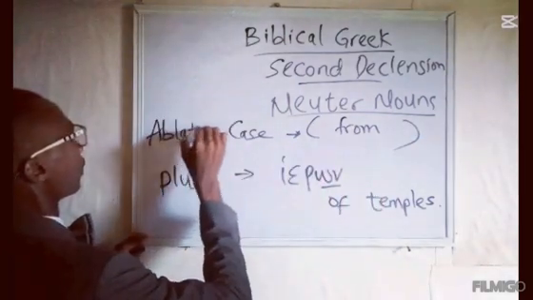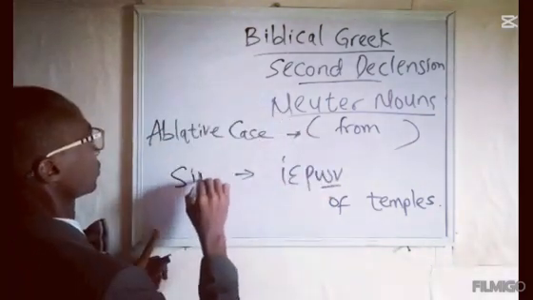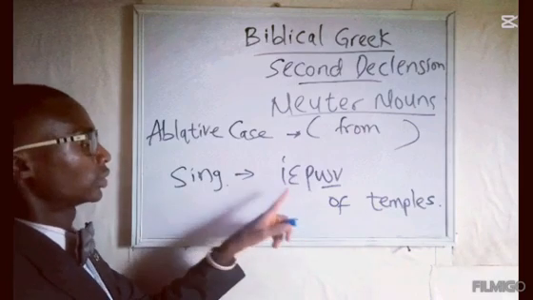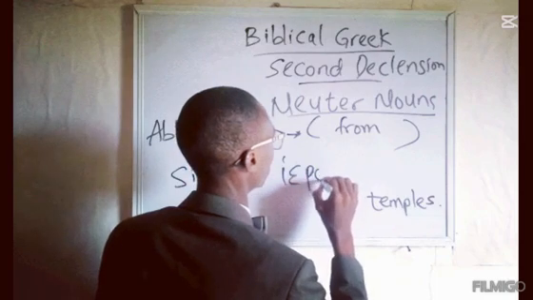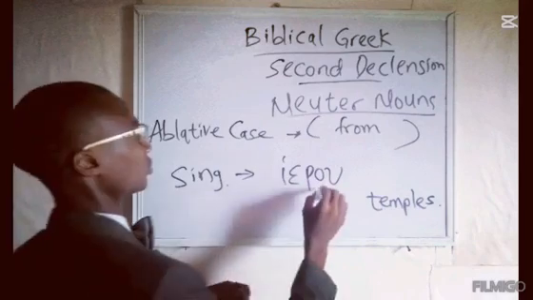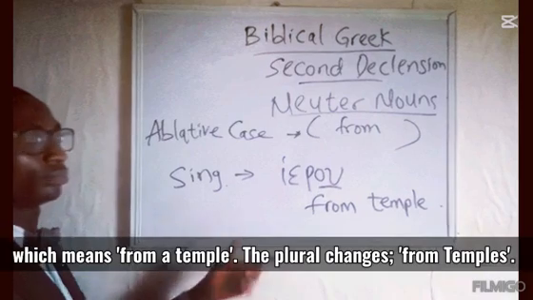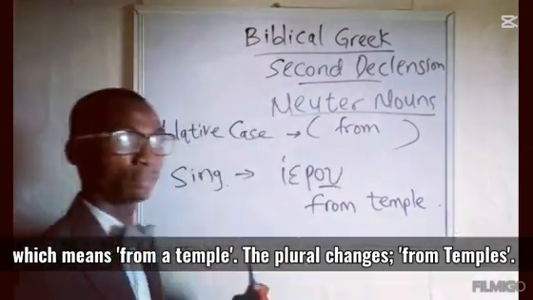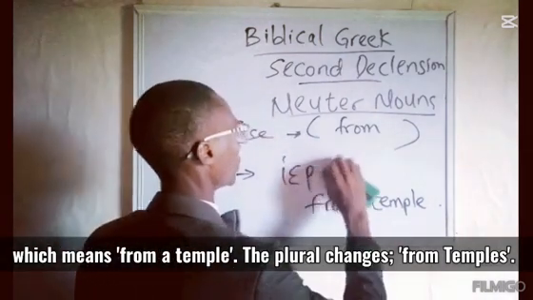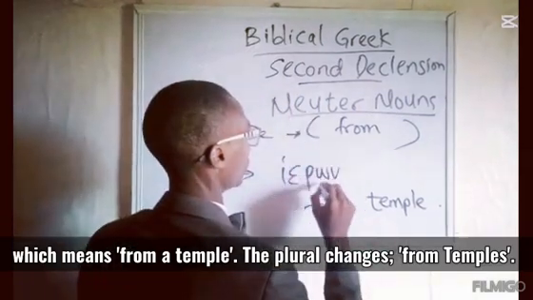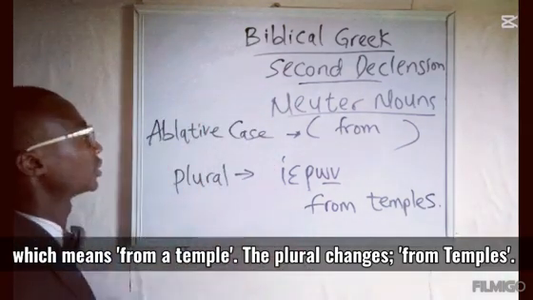So the ablative singular we have it as hierou, which means from a temple, and in the plural it changes as here: hieron, it means from temples, in the plural form.